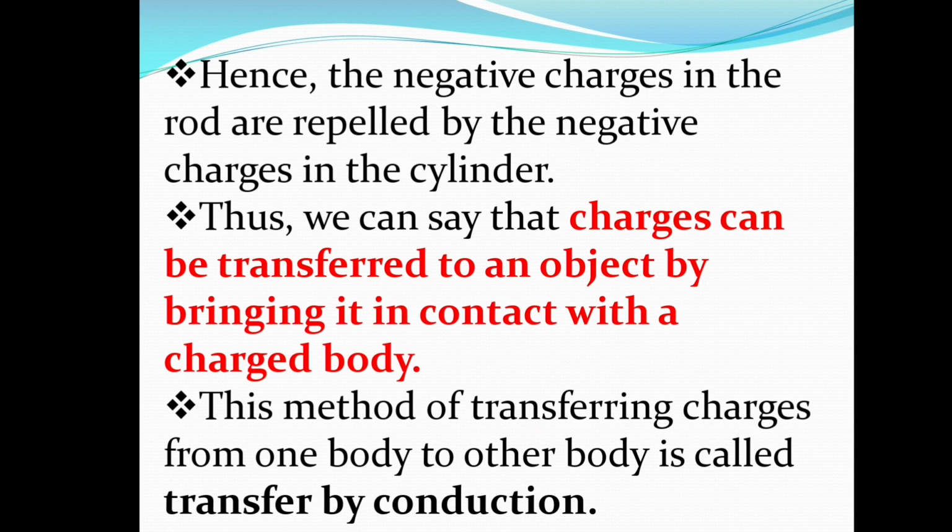So we can say that charges can be transferred to an object by bringing it in contact with a charged body. This method of transferring charges from one body to another body is called transfer by conduction.